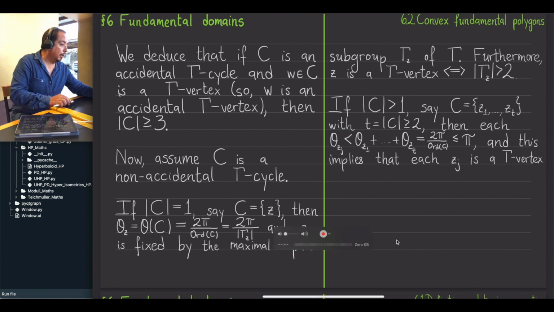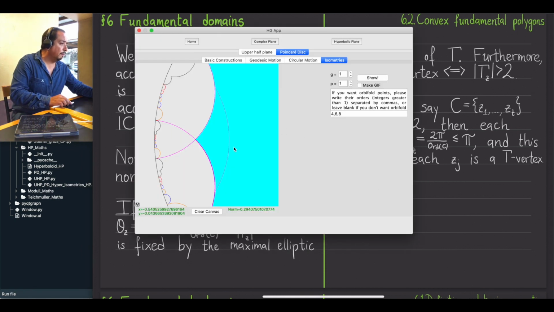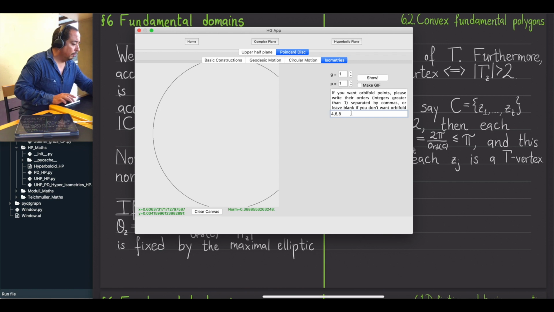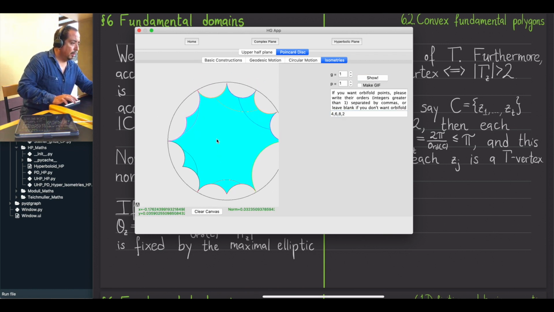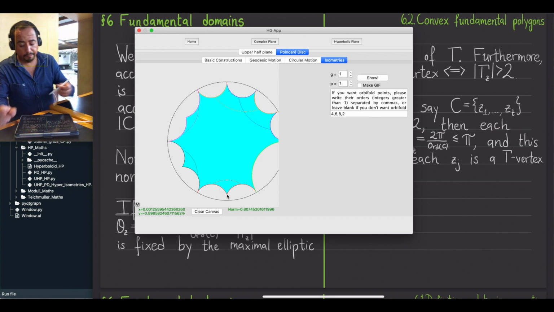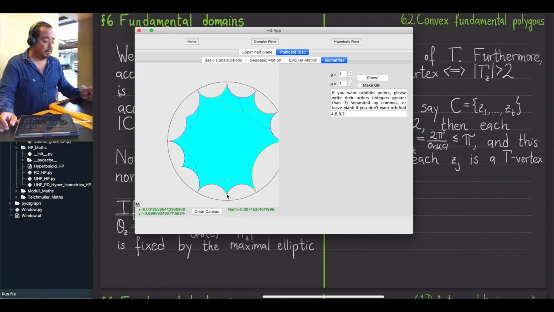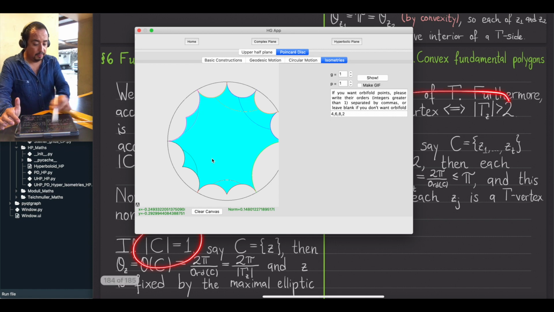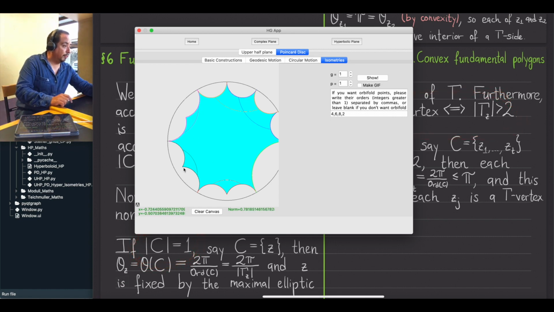Okay, and so let's give an example of this situation. Let's say here I'm going to add this. And then here you can see this is a gamma vertex, gamma vertex, gamma vertex, because each of them is a non-accidental gamma cycle like here, for each of these 3 points.